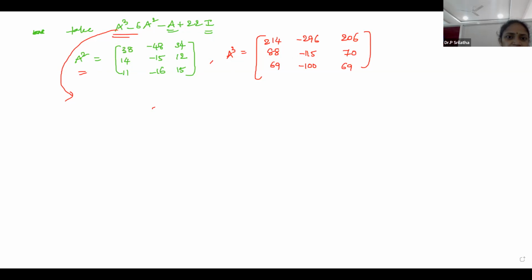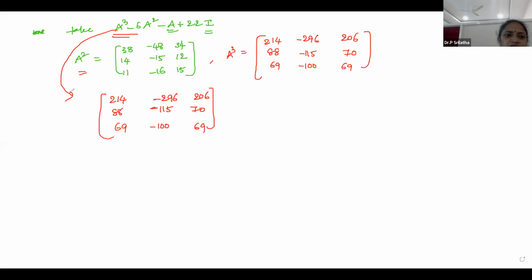So A cube means 214, minus 296, 206, 88. Okay. 88, minus 115, 70, 69, minus 100, 69. So this is A cube.